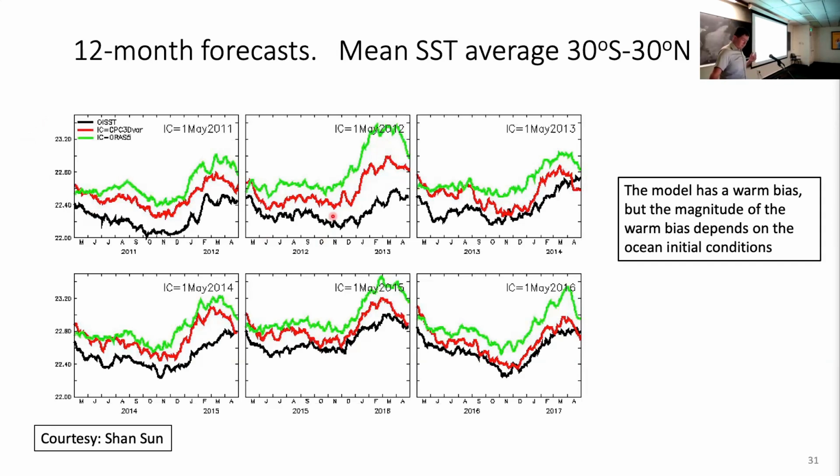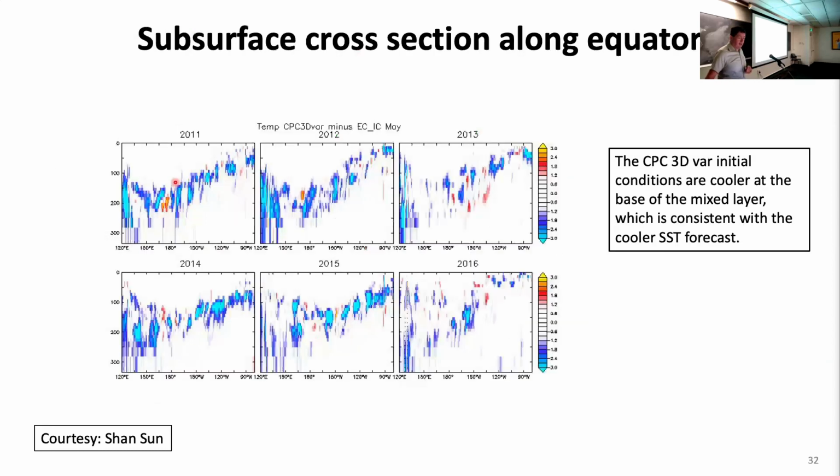And the thing I want to point out here is that if you look at the beginning of the forecast, they look very similar, but then over time the RS5 ones are warmer, and that is basically reflected in what's going on in the subsurface. Now what I'm looking at is cross sections along the equator, longitude versus depth, down to about 220 meters.